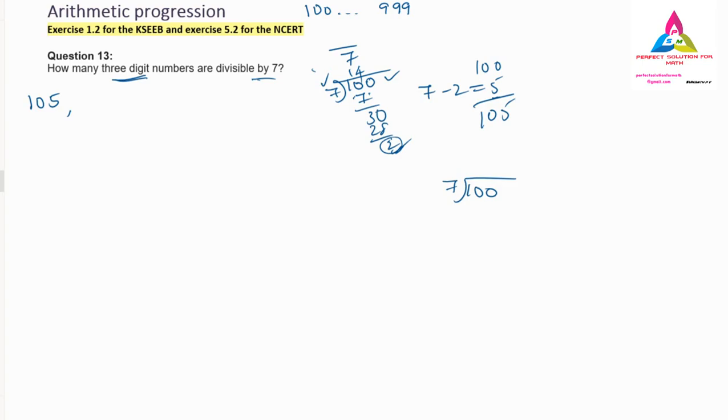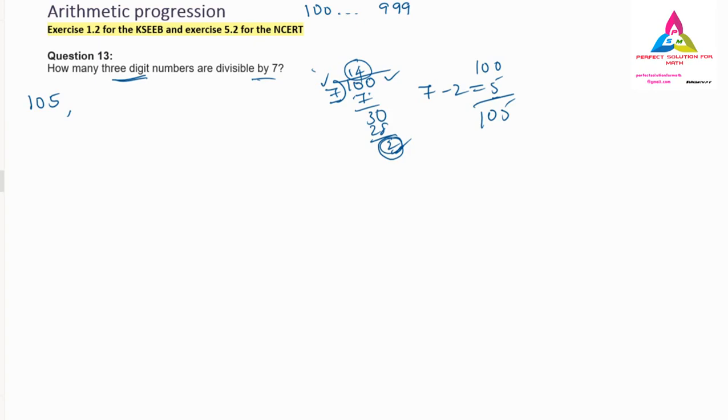After dividing, you can see clearly: 100 divided by 7 gives 14, which is not important for us. We need the remainder. The remainder is 2 and 7 is the divisor. These two things are very important, and we take the remainder and divisor and calculate.